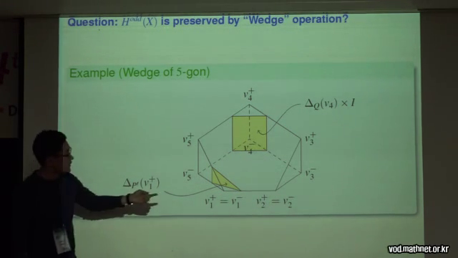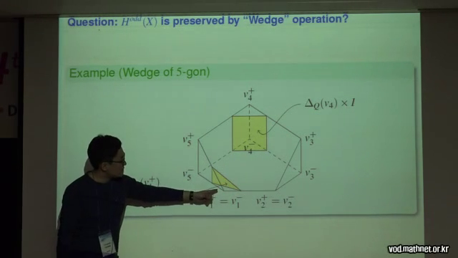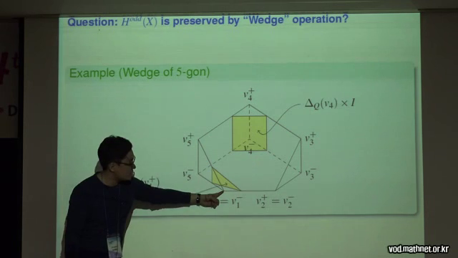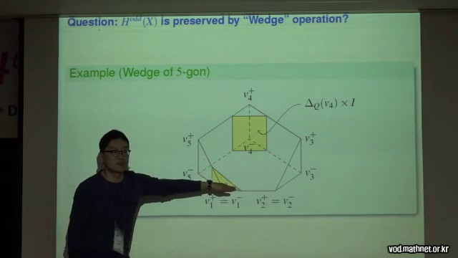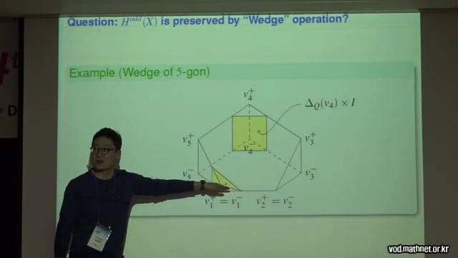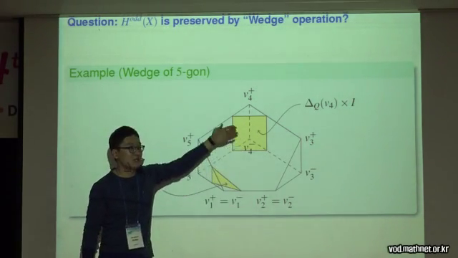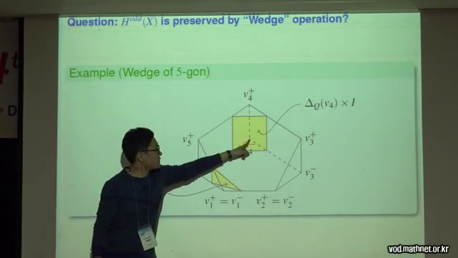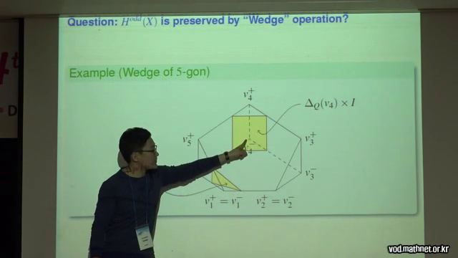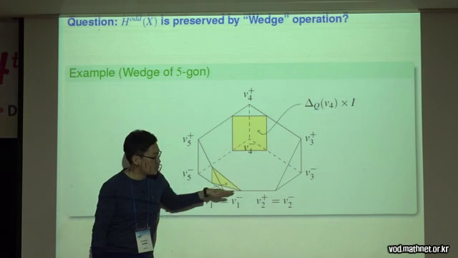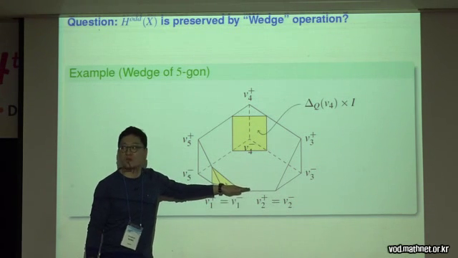So sometimes this kind of simplex, if this vertex is contained in the original facet which I chose in the original polytope, or it becomes some simplex times I if the original vertex is not contained in the facet which I chose to take a wedge.